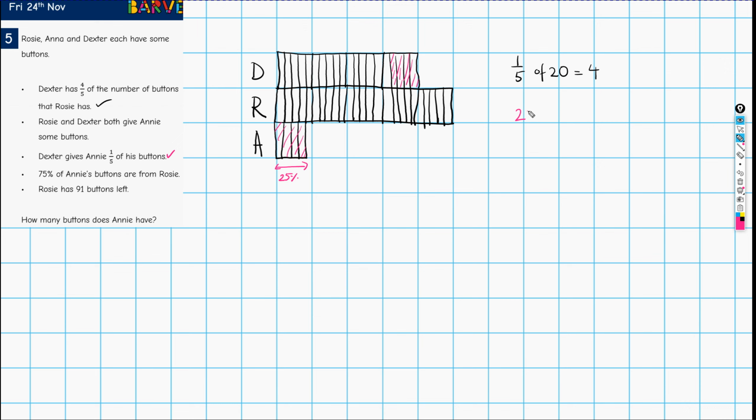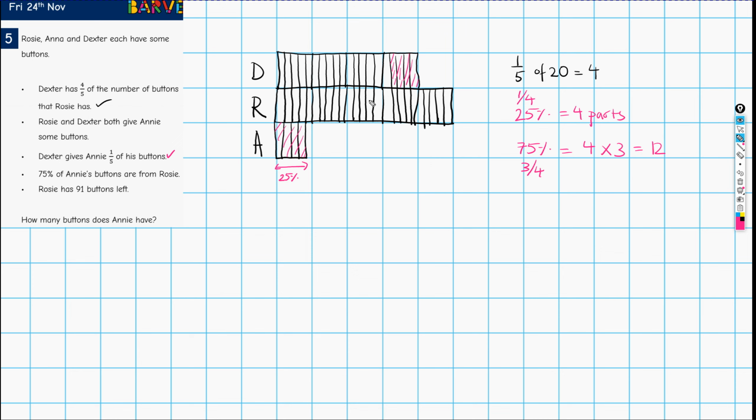So if 25% equals 4 parts, that's the same as 1/4, then 75% or 3/4 must be 4 times 3, which is 12.